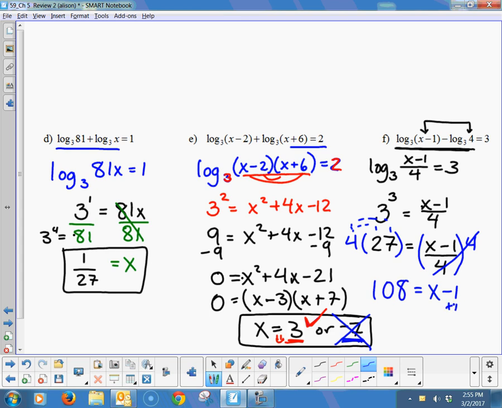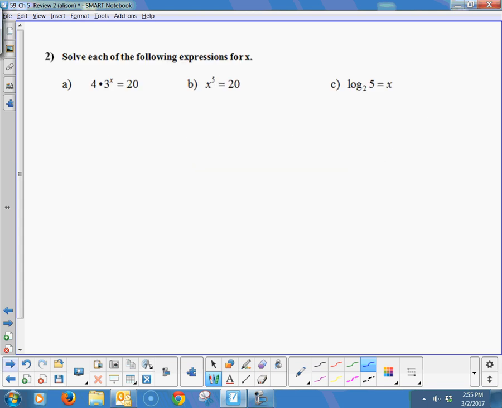If I add 1, x must equal 109. I don't remember seeing that as an answer, but there it is. Woohoo! Let's move on to number 2.